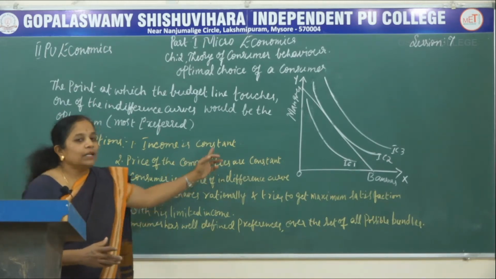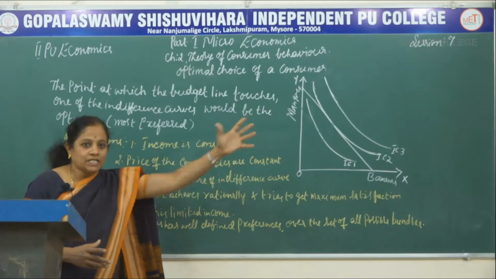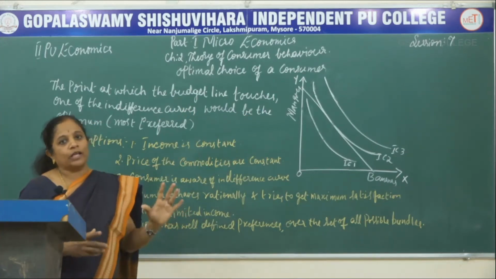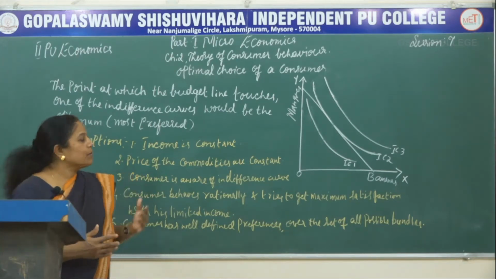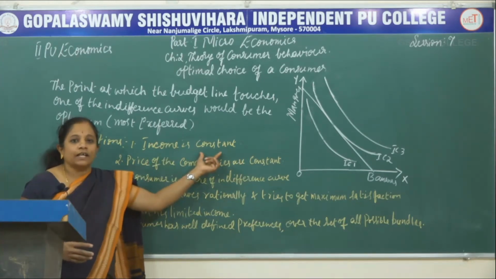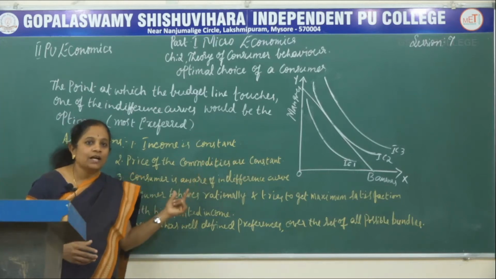So he picks from that budget set only because it suits his income, since he has a constant income every time he enters the market.